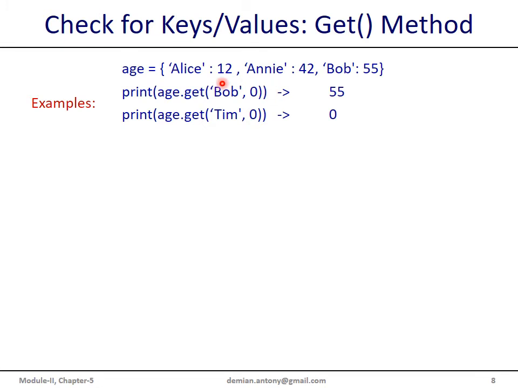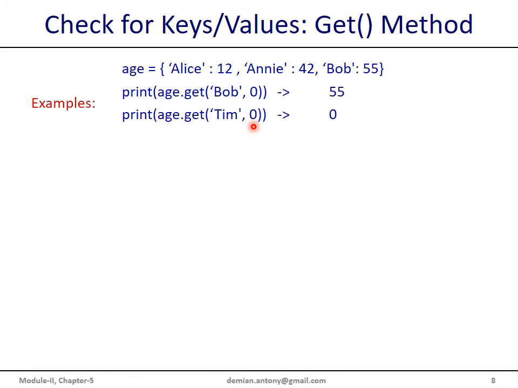And this function will return 55 because the key, that is Bob, is found, and the get method will return the associated value 55. Let us apply it on Tim. Tim is not found in the dictionary, thus no availability of a key as well as the associated value, and this get method will return the value 0, that is the default value that we supply.